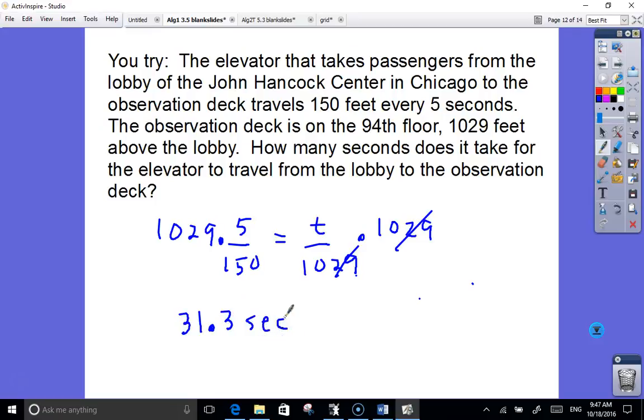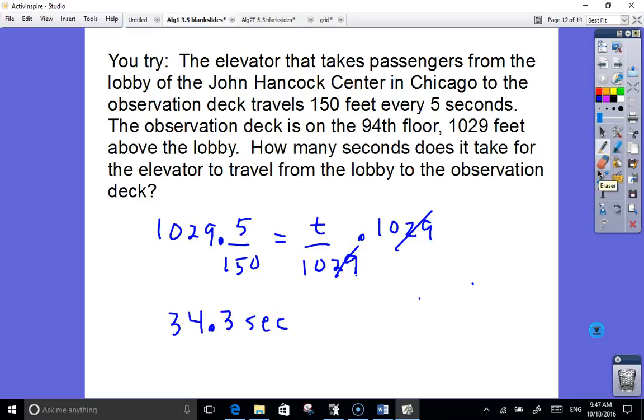So it's actually 34.3. Okay. That's not even the tallest building in Chicago. Who said 31? It's 34.3. Okay. 34.3 seconds. Okay.